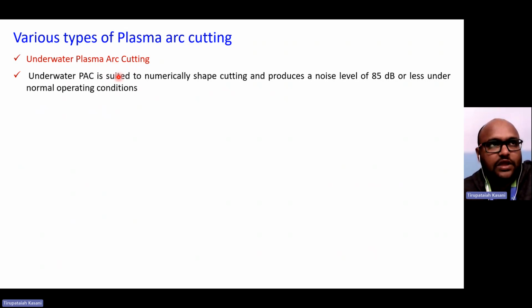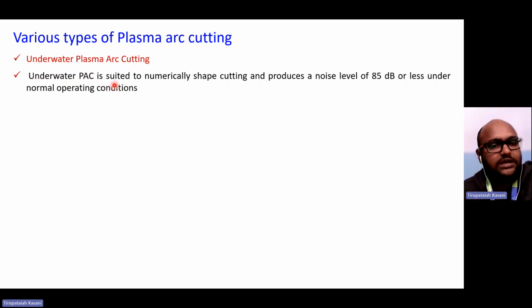In the ECM process, the chemical reaction occurs between the tool and the workpiece within the electrolyte medium. Similarly, here also the plasma arc cutting is going to happen under the water.